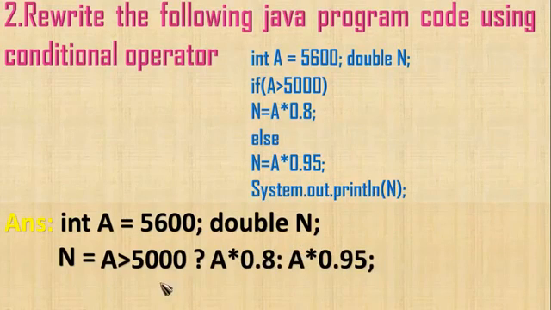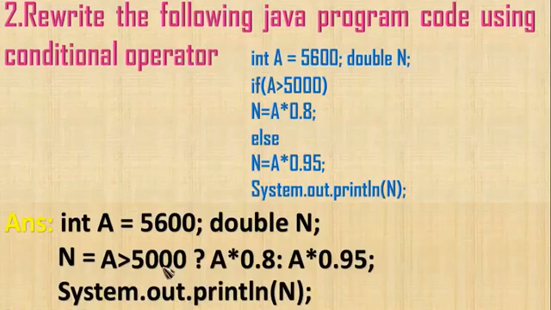Then the printing statement is given here. So if the condition is true, this part is executed and stored in N. Otherwise this part is calculated and stored in N. Here the calculation is nothing but taking 80% of the amount. False means it will take 95% of the amount.